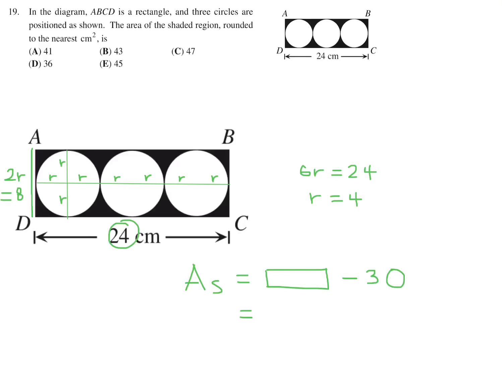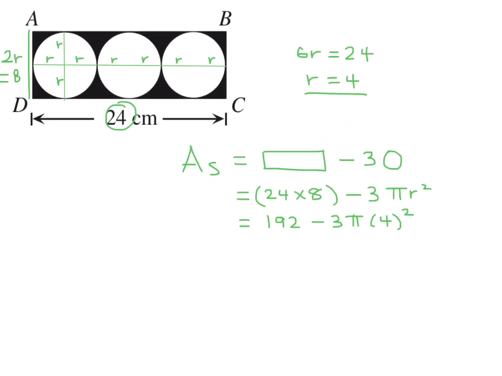The area of the rectangle is length times width, which is 24 times 8. And then 3 circles, each circle is pi r squared. So 24 times 8 is 192. 3 times pi r, the radius is 4.